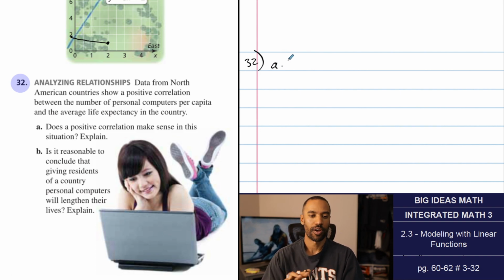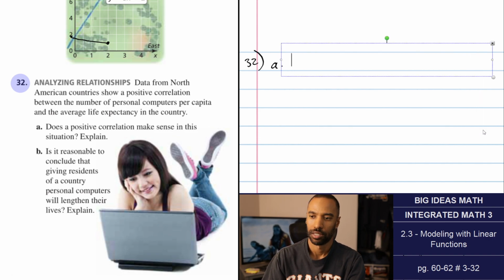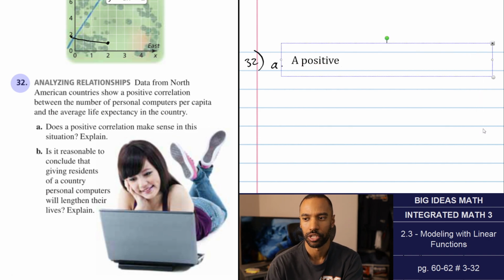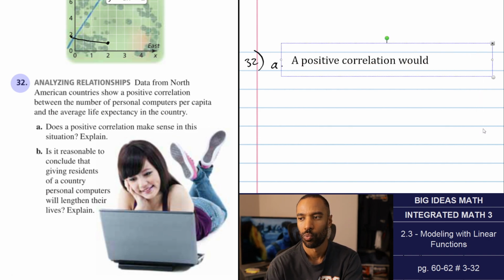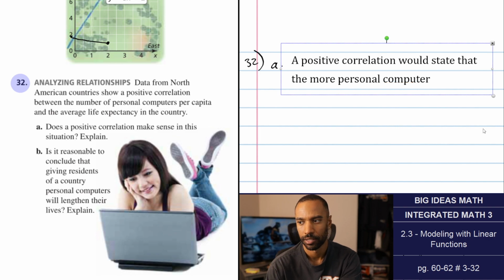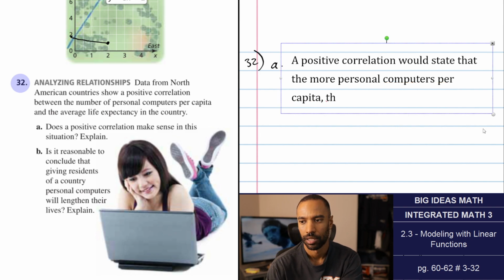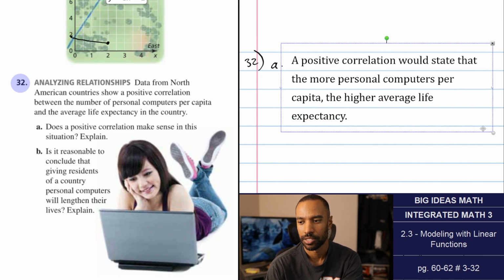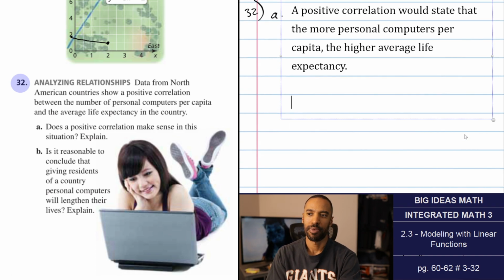Yeah, so first of all, let's make sense of a positive correlation. It would state that the more personal computers per capita, the higher the average life expectancy. Does that make sense? It does to me.